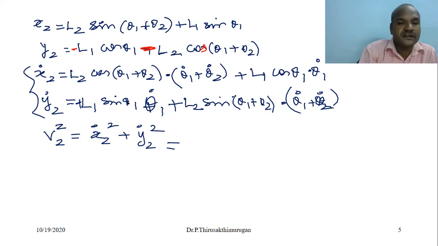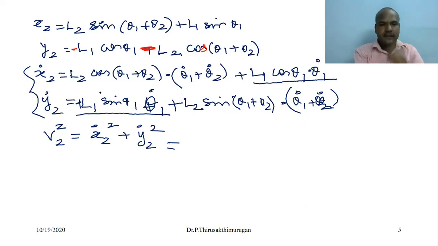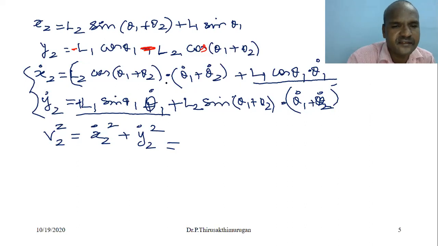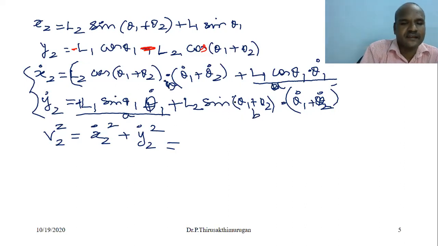Suppose you consider this term as A and this term as B, then A plus B whole square. So what do I get? Please do it and tell me the answer.